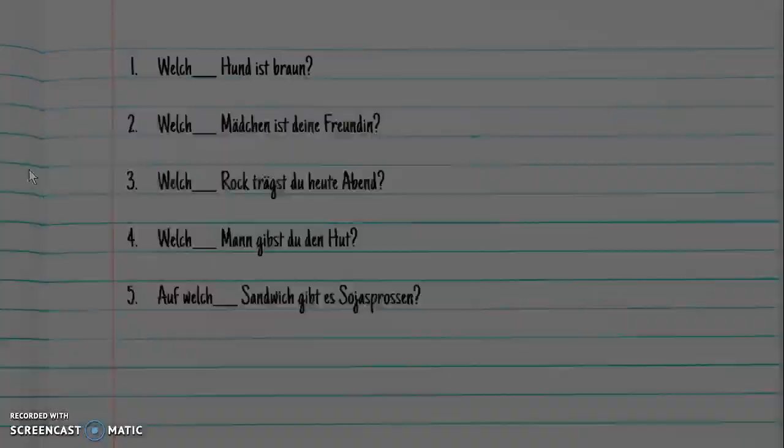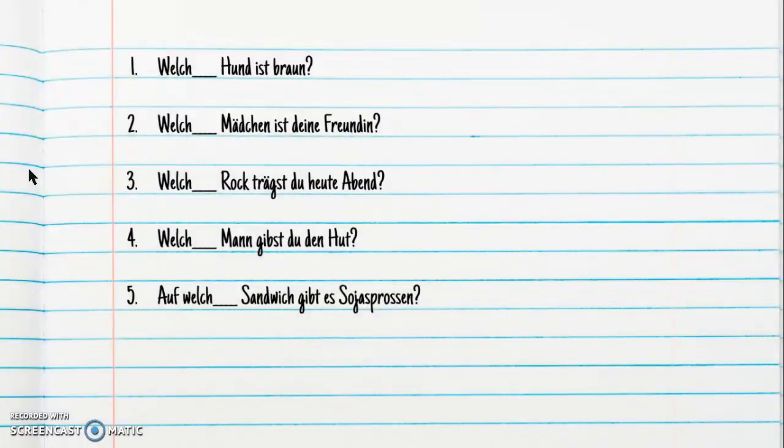So let's take a look now at some examples. Number one says welch blank Hund ist braun. And what we need to do is figure out, okay, where's our verb? And right here's our verb, ist. And what is doing the verb, or what is completing the action to be?